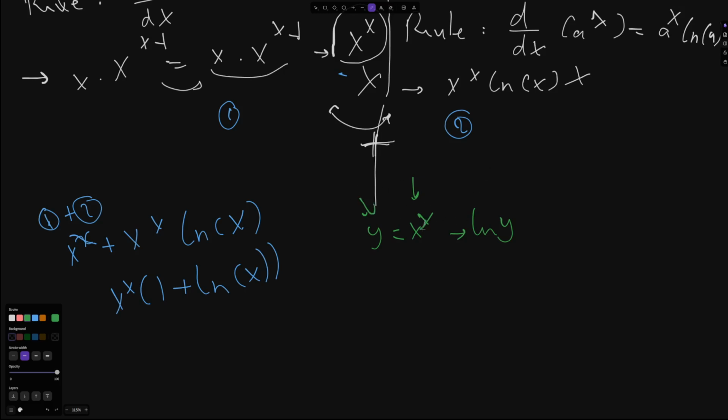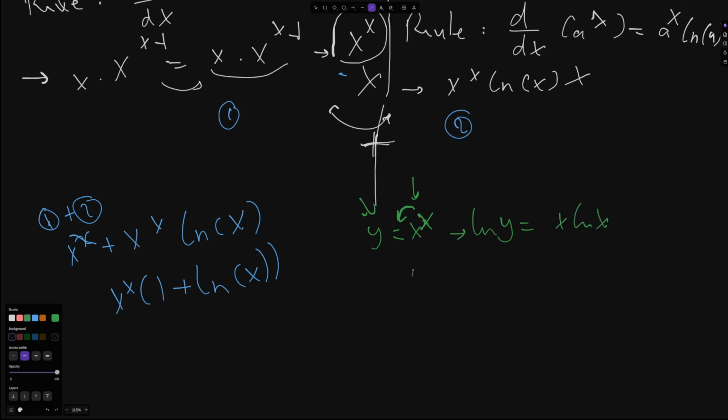It's a method for bringing the exponent down, like ln of y power x is x ln y. So returning to our problem, it becomes ln y equals x ln x.